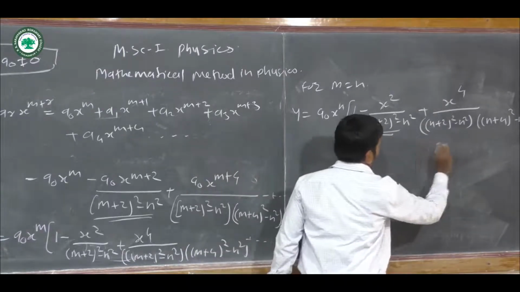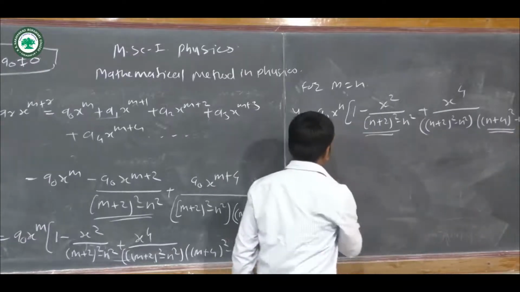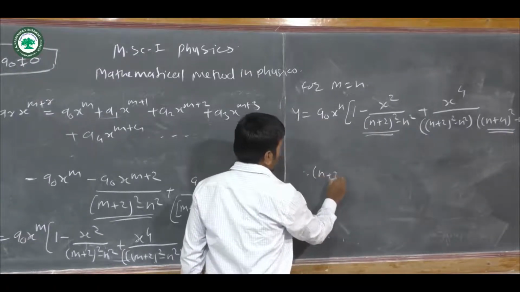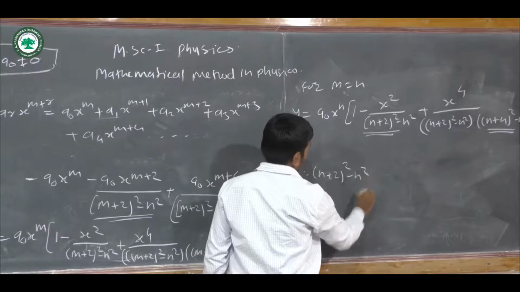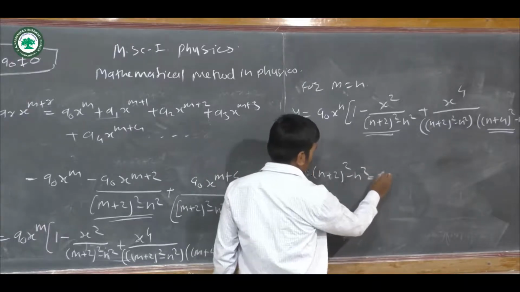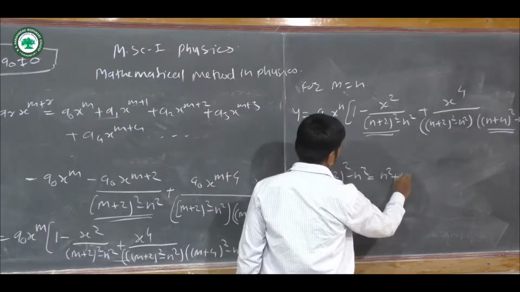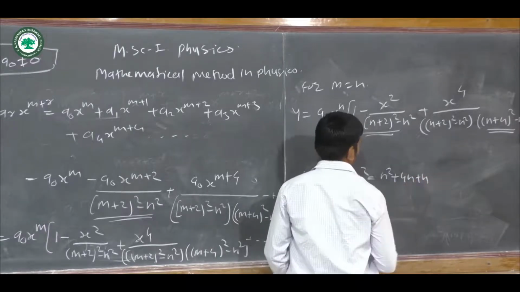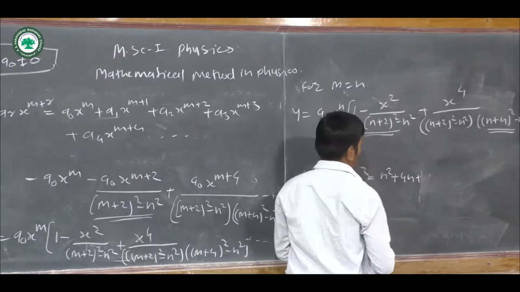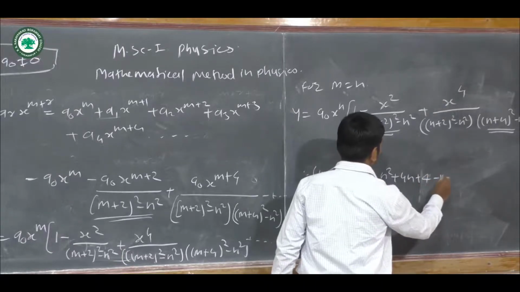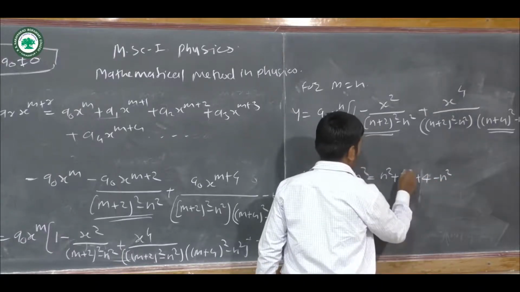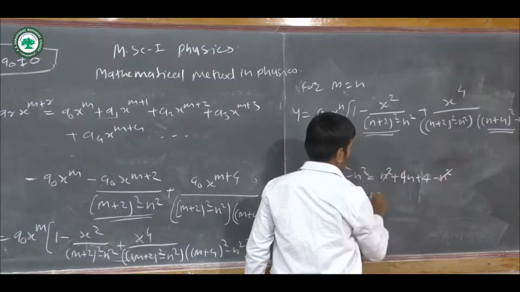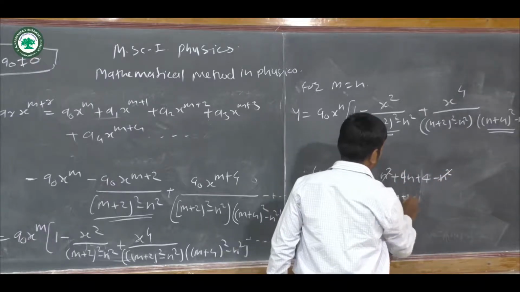Now I am going to simplify this first, that is (n plus 2) bracket square minus n square. You can write n square plus 4n plus 4 minus n square. This n square will cancel, and this is 4n plus 4, that is 4 into (n plus 1).